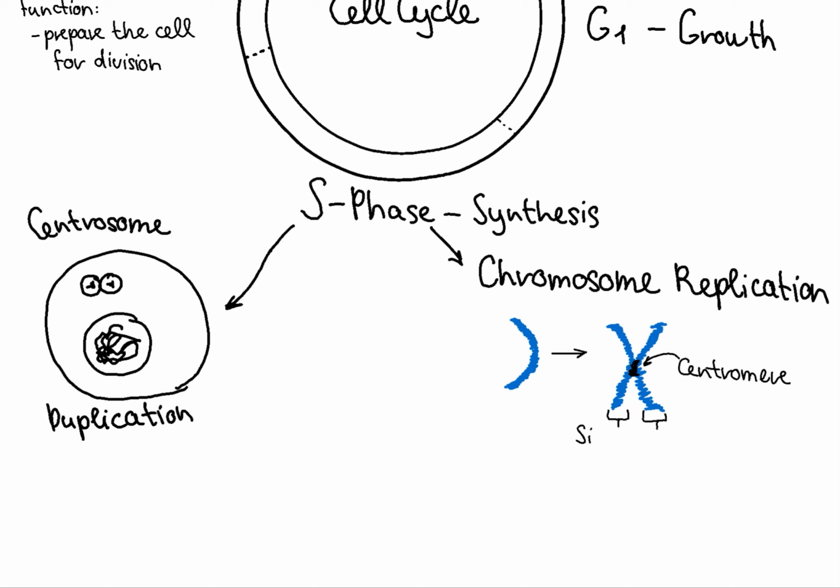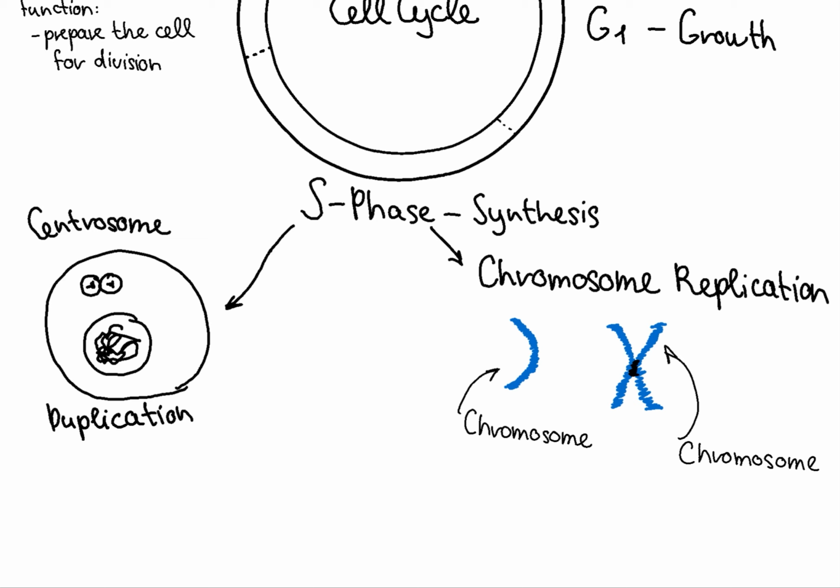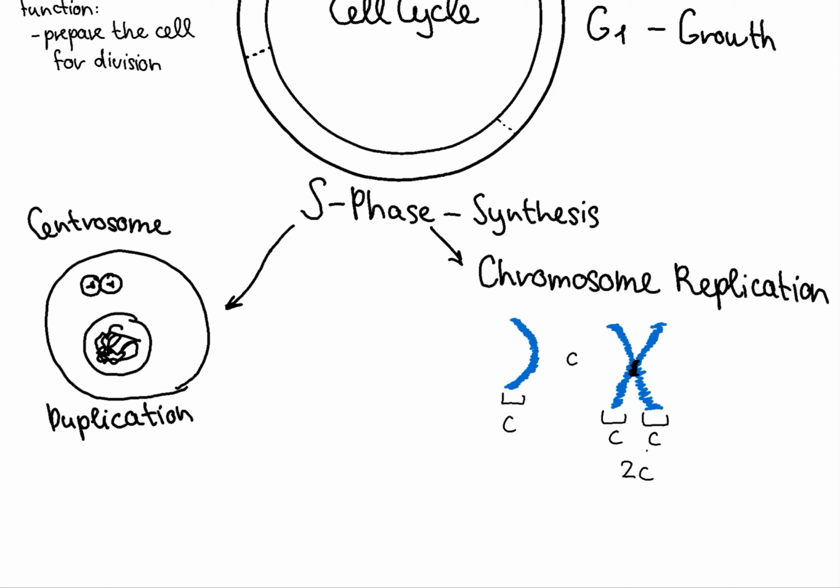These parts are called sister chromatids. But wait, this is a chromosome and this is a chromosome, right? Right, a chromosome can consist of either one or two chromatids, and we use C to represent the number of chromatids in the cell. Let's begin with the mitotic cell cycle.